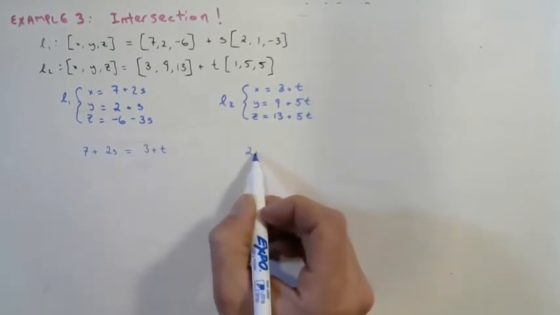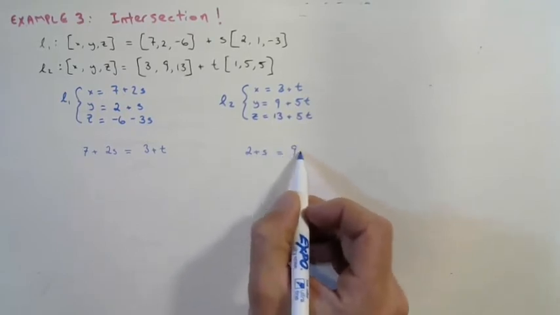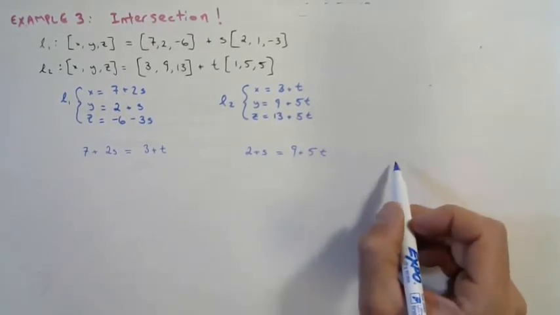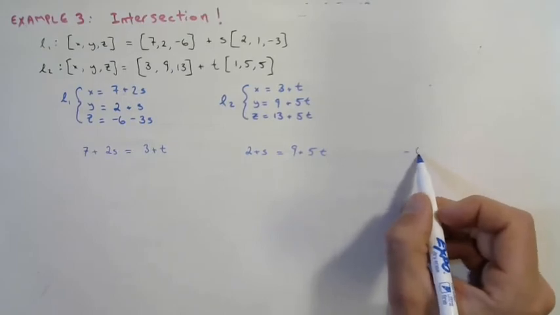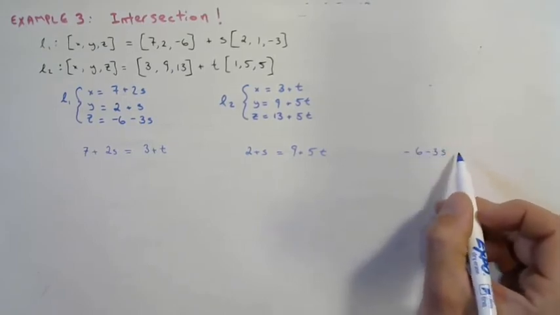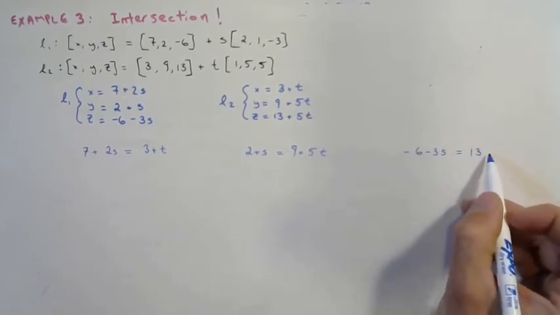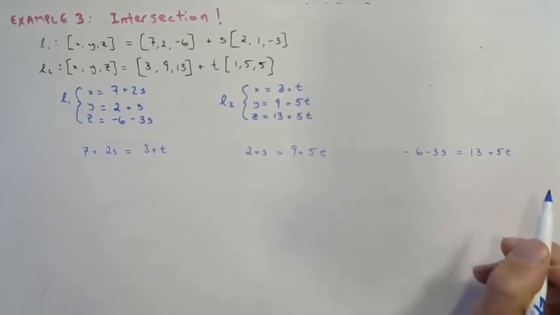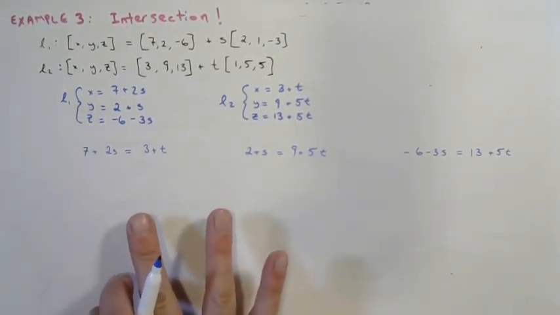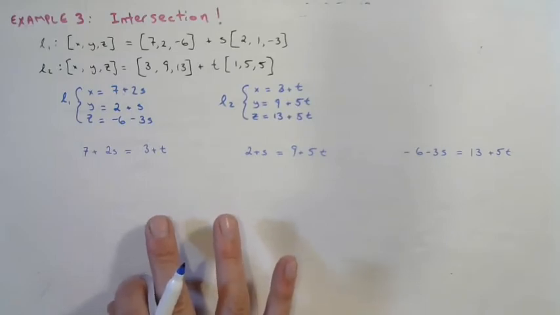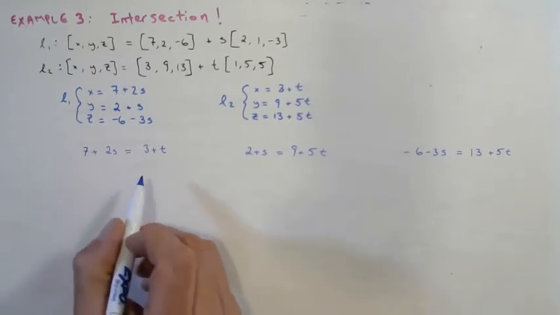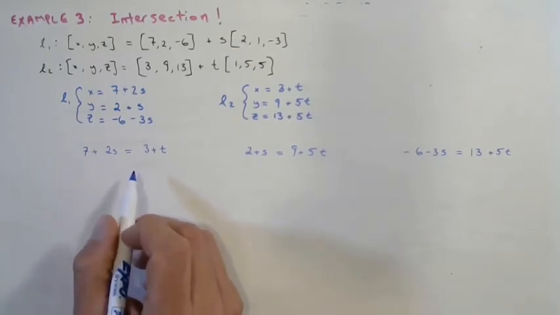Y coordinates: 2 plus s equals 9 plus 5t. Z coordinate: negative 6 minus 3s equals 13 plus 5t. So now I'll simplify them first and we'll see if any of them look easier than the other ones to use.